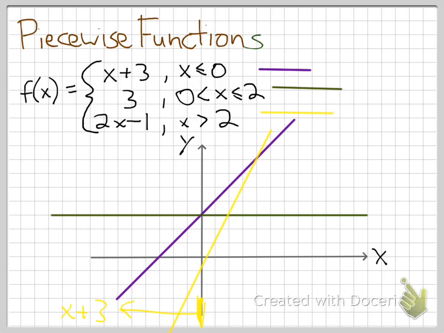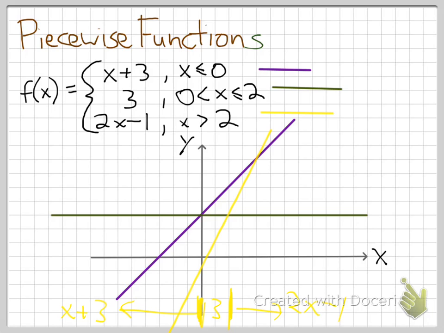And between 0 and 2 is going to be 3, and everything greater than 2 is going to be 2x minus 1. So it's those portions of that equation that fit together. It's almost like I'm taking these three lines that I've graphed, and I'm kind of cutting out pieces of them, and I'm going to glue them all together and make a piecewise function. So it's pieces within the piecewise.